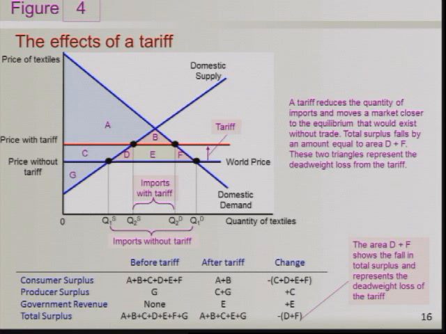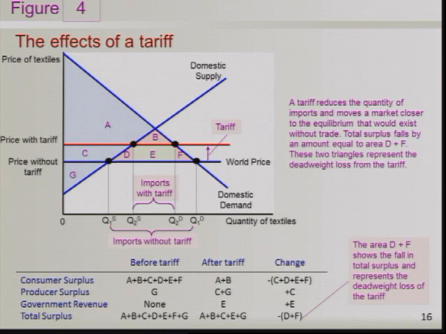Consumer surplus with trade with the tariff is only going to be areas A and B. Producer surplus is actually going to grow with the tariff, increasing from just area G to G and C. Remember, producer surplus is the area below price and above supply.